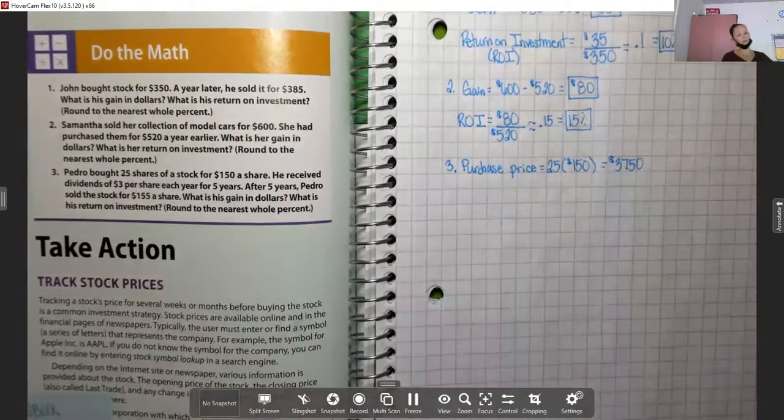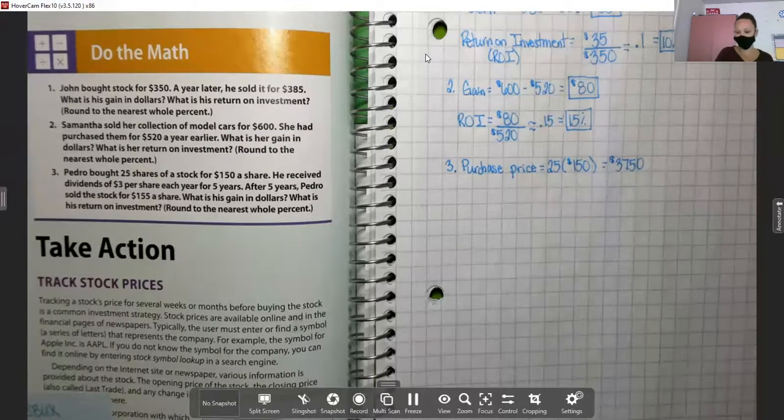So he also made money 2 ways. He made money by selling the stock and by the dividends. It does not matter which one of those we calculate first. Okay, so I'll just follow along in the book.